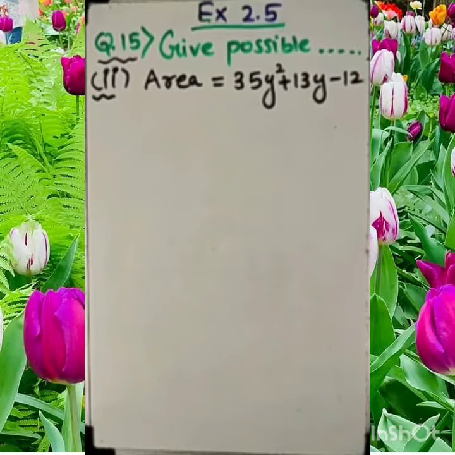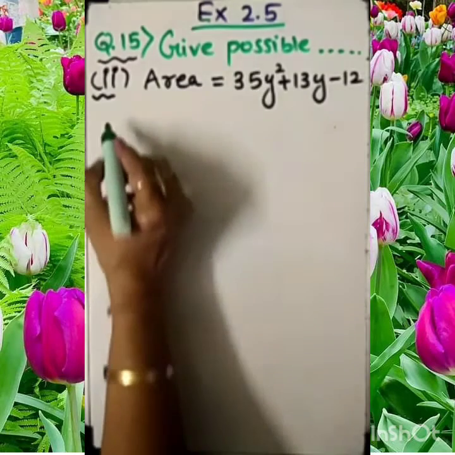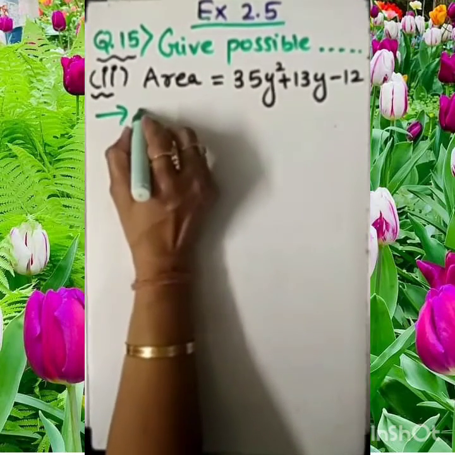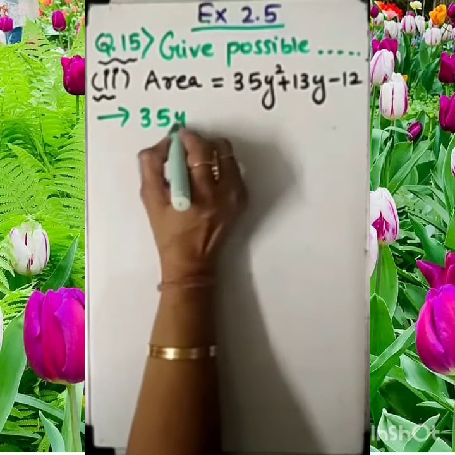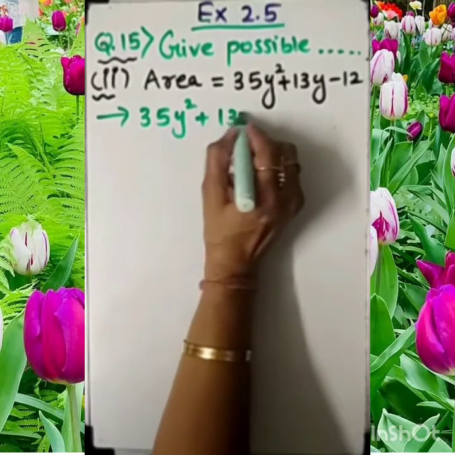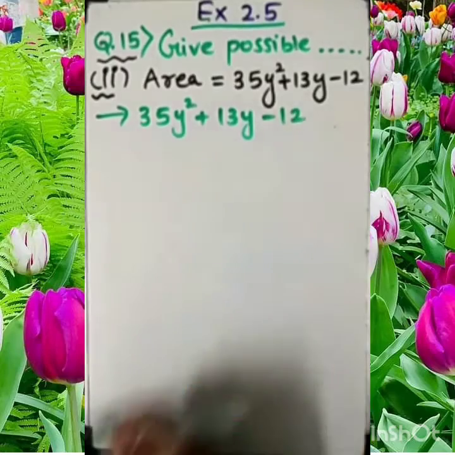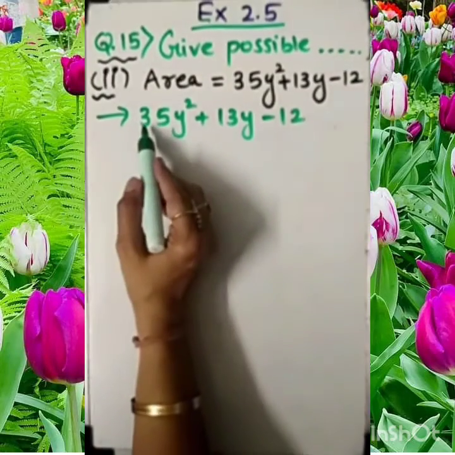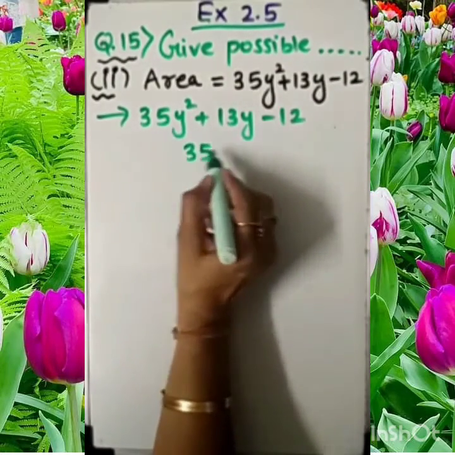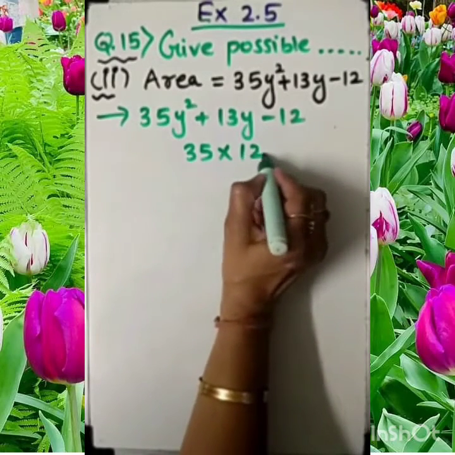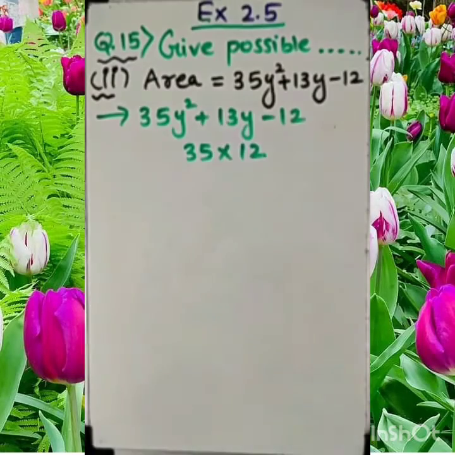So the second part of question 15: here we are given area equal to 35y square plus 13y minus 12. The same procedure we are going to apply for this algebraic expression. First term 35y square, middle term 13y, minus 12. We should have factors of 35 into 12 such that the sum or their difference should be 13.